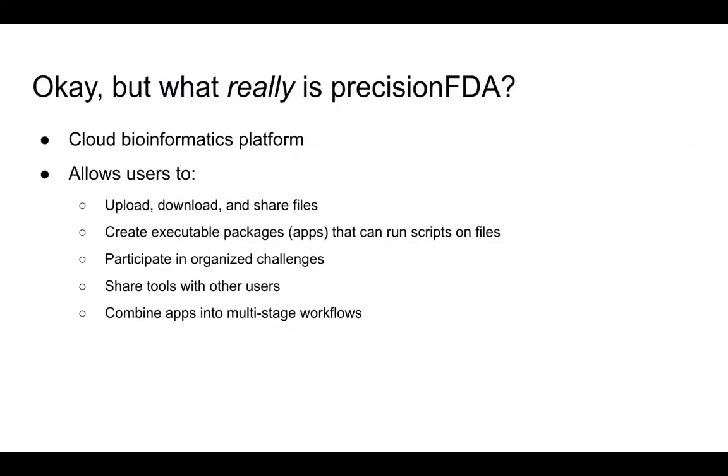So, this is what I actually just mentioned. You can do all of this stuff. Also, there are challenges on precisionFDA, and I'm working with some fantastic people who are actually on this call to get a precision immunology challenge going. I'm hoping that'll come out in mid to late September, maybe early October.